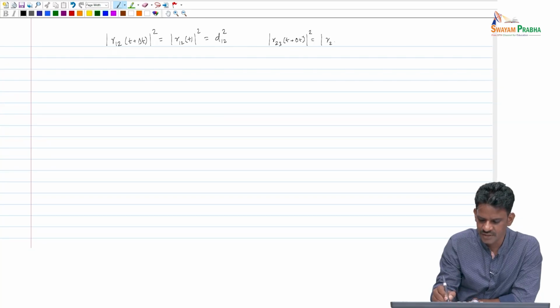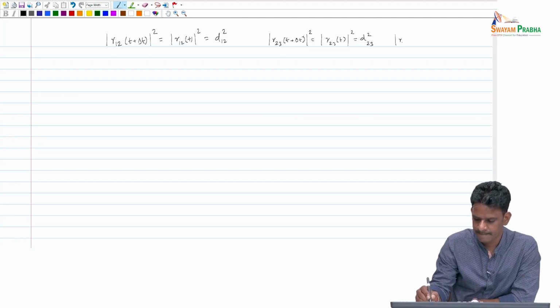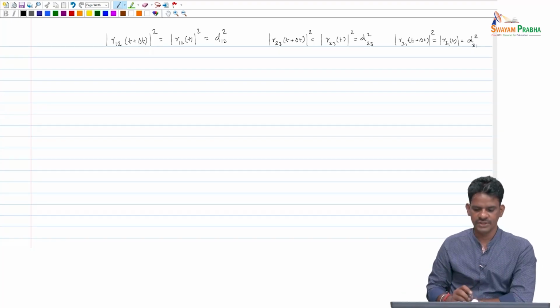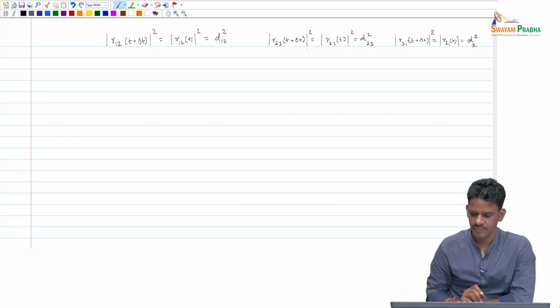At any time t or t plus delta t, the bond length should be equal to the equilibrium bond length. So, these are the constraints that we want to use.